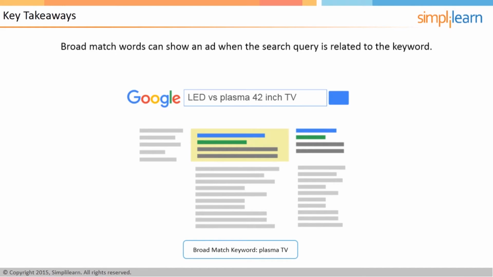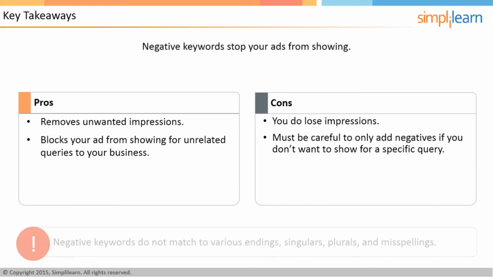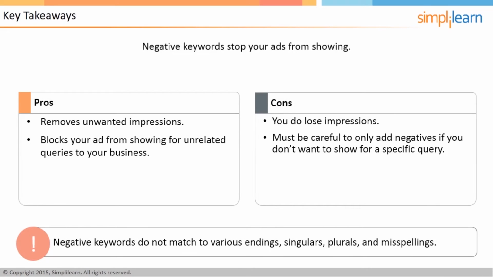Google looks to see, are all the words in your query, or some related terms, in your keyword? If yes, then you can show. Now, negative keywords stop your ad from showing, but negatives never match singulars, plurals, and different stemming options. If a negative keyword is anywhere in the search query, then your ad won't show.